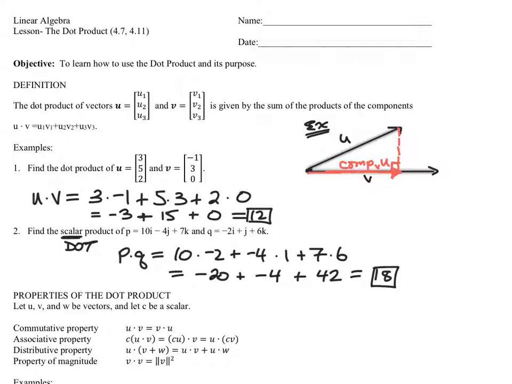Yeah, so it's kind of strange when you think about it, but when you're multiplying vectors, there's two forms that you can take. One is the dot product using the dot form of multiplication, and the other is a cross product, which is the X multiplication symbol, which we're going to get to next class.